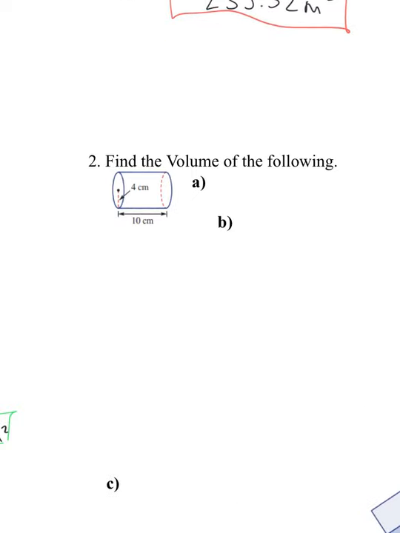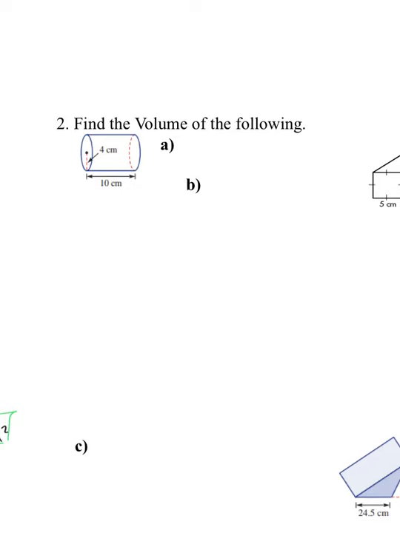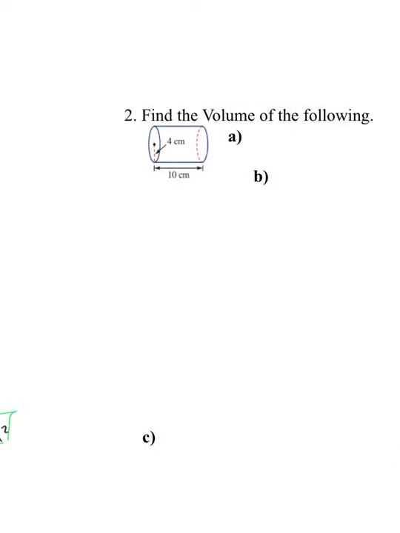Volume of a cylinder. Volume of cylinders and prisms is easy, guys. You're just finding the area of the face of the shape and then timesing by the height. So if we have our first cylinder, the volume is going to equal the area of the face of the shape, so the circle, and then we're going to times it by the 10.